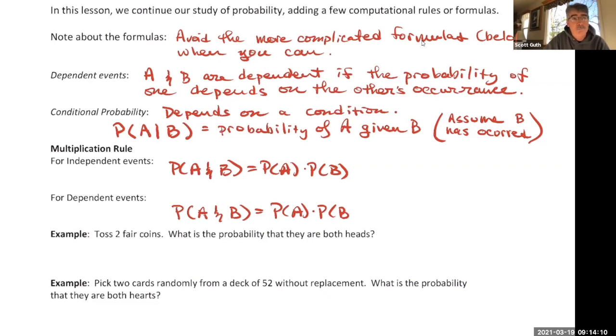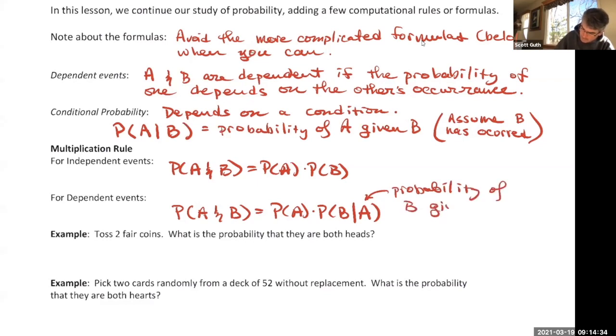So because we're asking the probability that they both occur, you have to assume that A will occur when you do the probability of B. Okay, so that's the probability of B given A here. Okay, any questions about that?